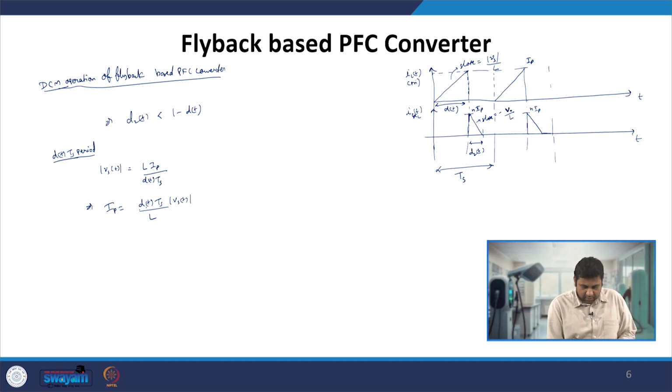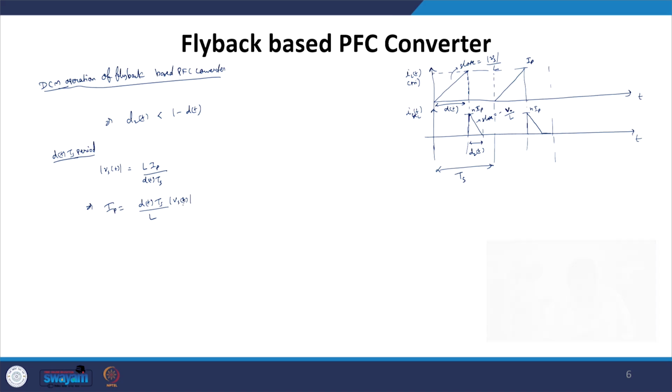Now if you look very carefully, the IP, the peak of the inductor current, or you can say the peak of the IL current, varies the same as that of the Vd, or you can say modulus Vs, and that is when we can ensure that the current drawn by the flyback converter is actually following the sinusoidal pattern.